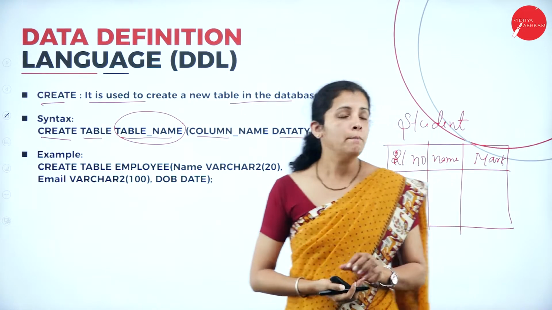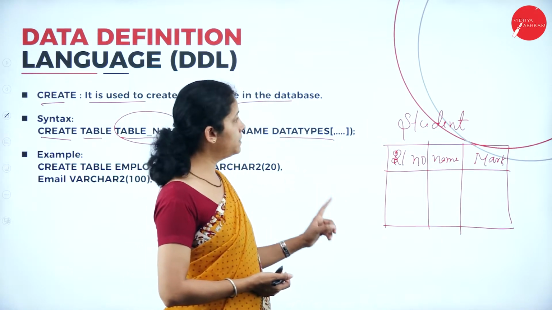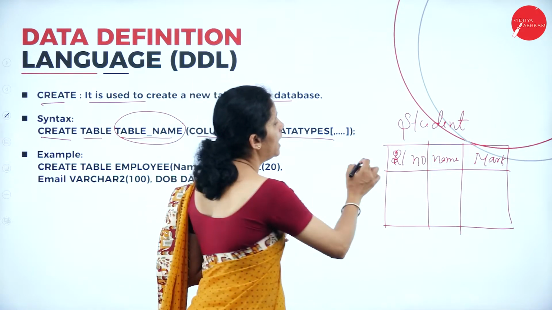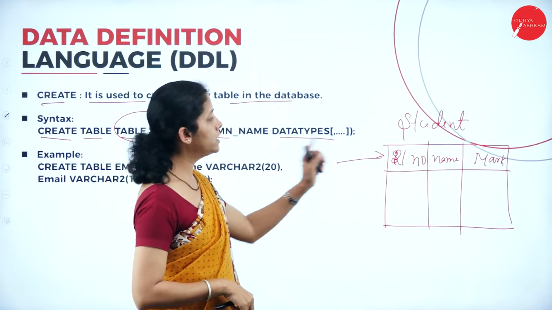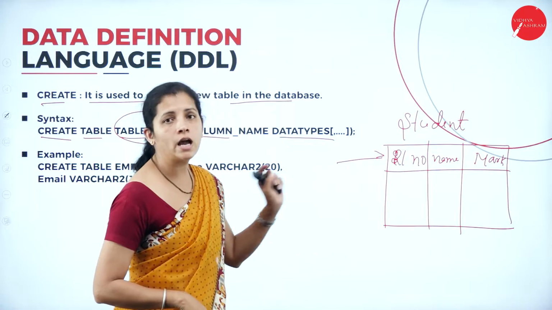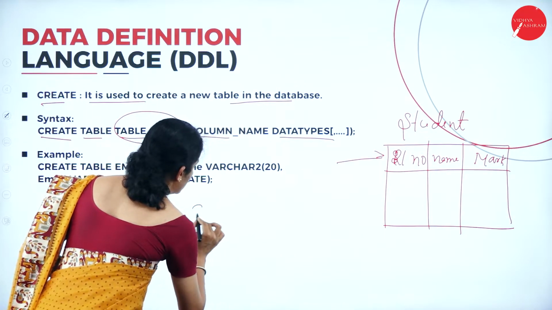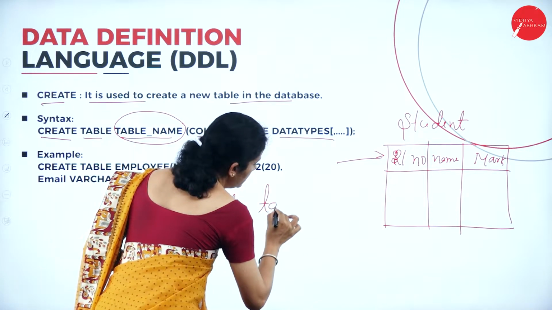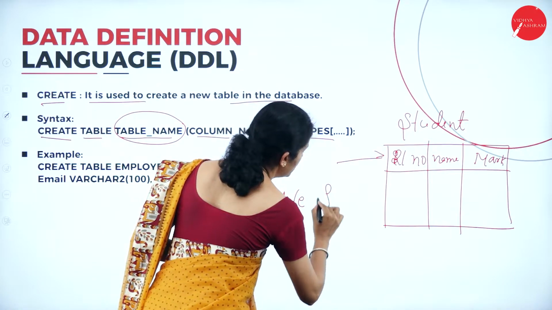Okay, now my table must look like this. That means my table name is student and I am going to have the fields like roll number, name and mark. For this I want to write the query. That is, I will write create table, and what is my table name? It is student.